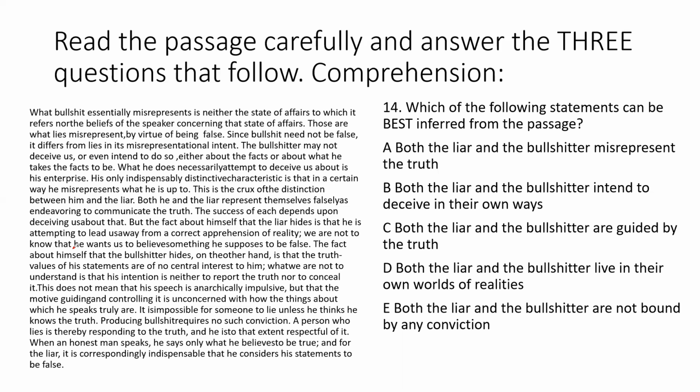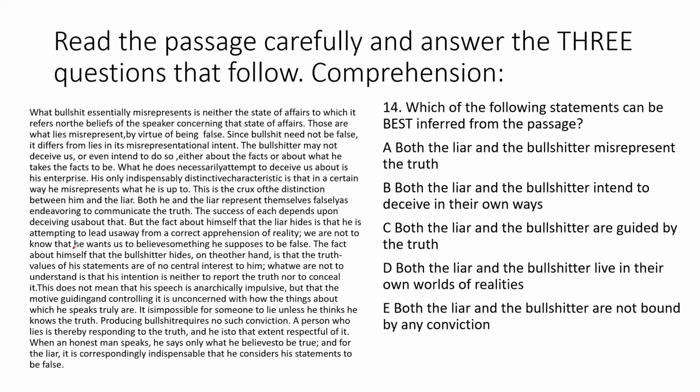But the fact about himself that the liar hides is that he is attempting to lead us away from a correct apprehension of reality. We are not to know what he wants us to believe as something he supposes to be false. The fact about himself that the bullshitter hides, on the other hand, is that the truth values of his statements are of no central interest to him.